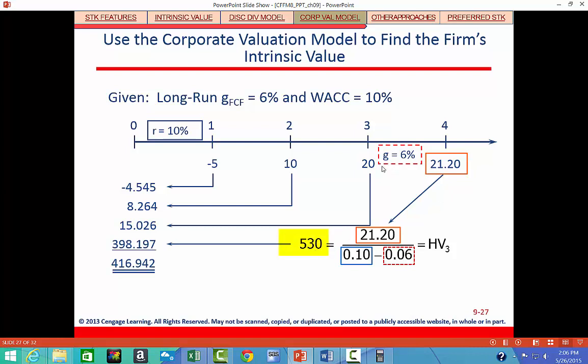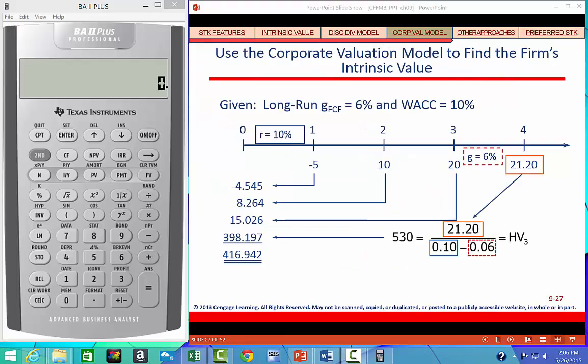So we get 20 times 1.06 is 21.20, divided by the WACC minus the constant growth rate. And so we get the horizon value at time 3 of $530. And then we get all the present values and sum them up like we did before.